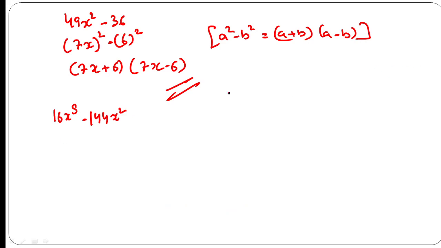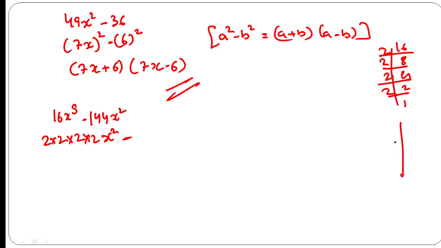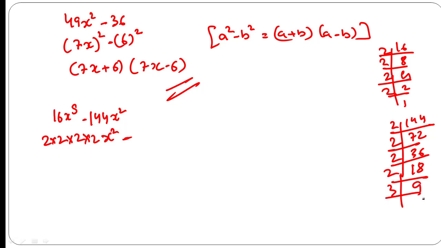You can write this 16 as 2 into 2 into 2 into 2 into x square, minus this 144 which you can write as 4 times 2 multiplied by 3 multiplied by 3 into x square.